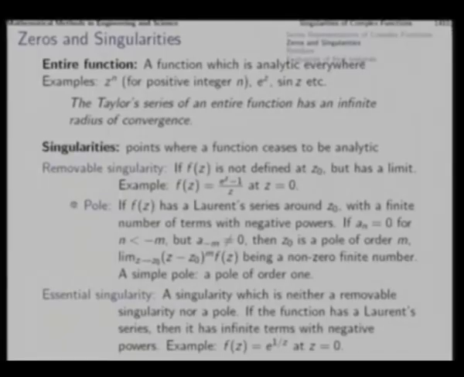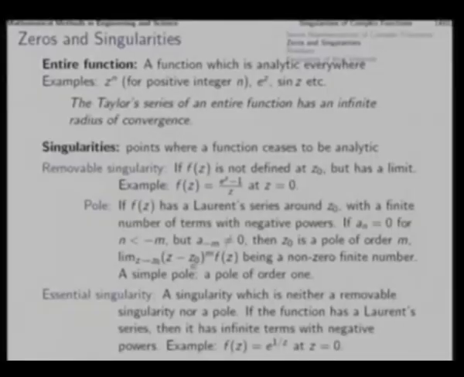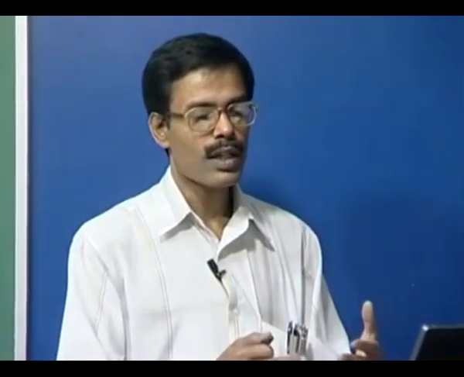The idea is that if we multiply the function with (z minus z0) to the power m and then take the limit, then we get a finite number. So, that is the case with the pole. If on the negative powers you have actually infinite terms, that is, you never stop getting more and more non-zero coefficients, then no such multiplication and taking the limiting value will suffice to remove the singularity.